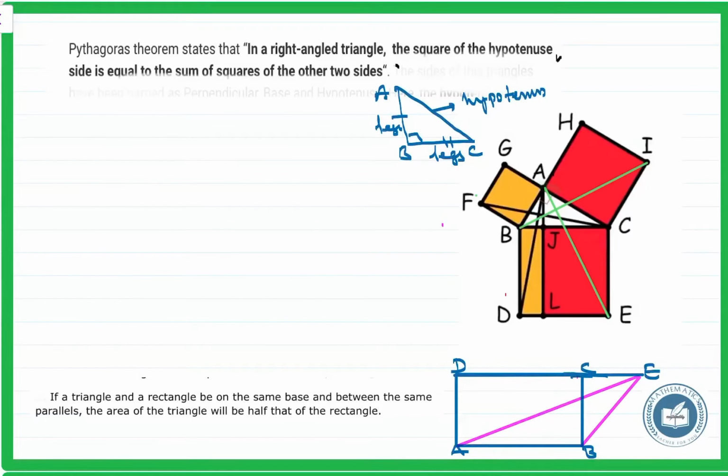Now you can write this here: AB square plus BC square is equal to AC square. This is called Pythagoras theorem.